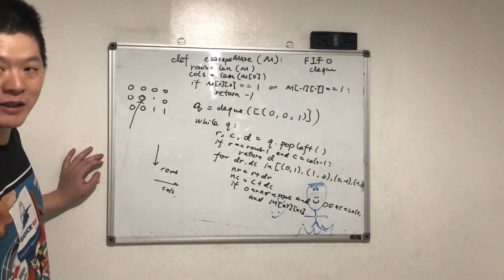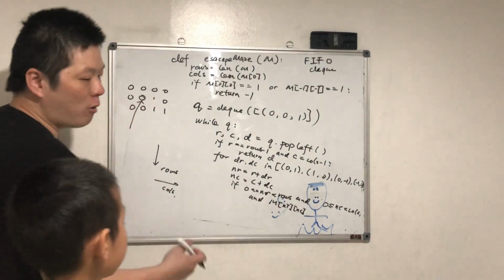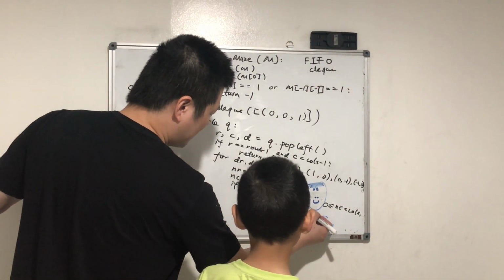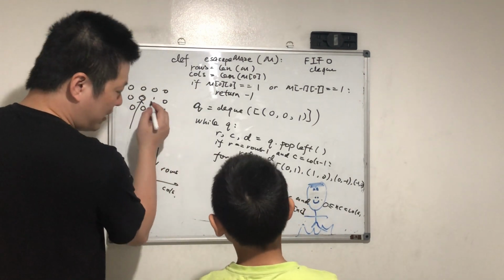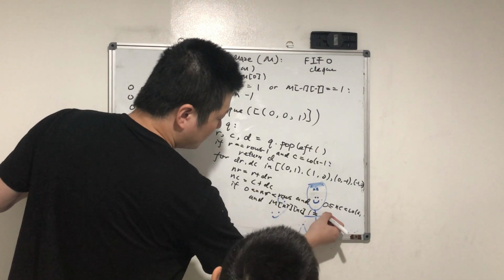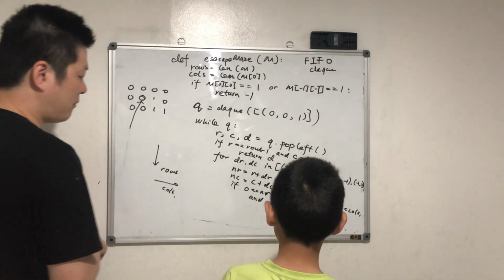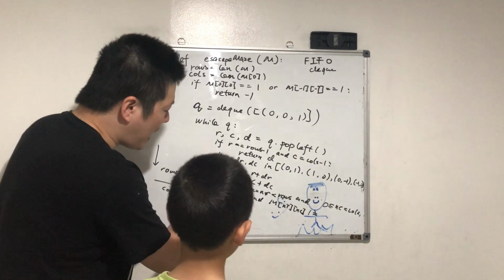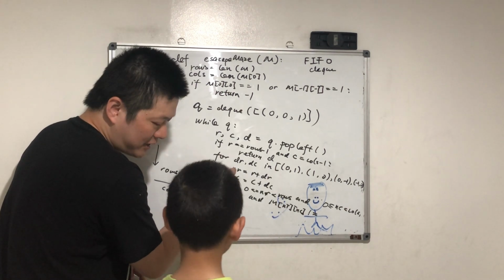So what should I put here? If the next position is not a wall, so what should I put here? We check whether grid at NR, NC is not equal to what? I'm at current position RC, and the next position is NR, NC.